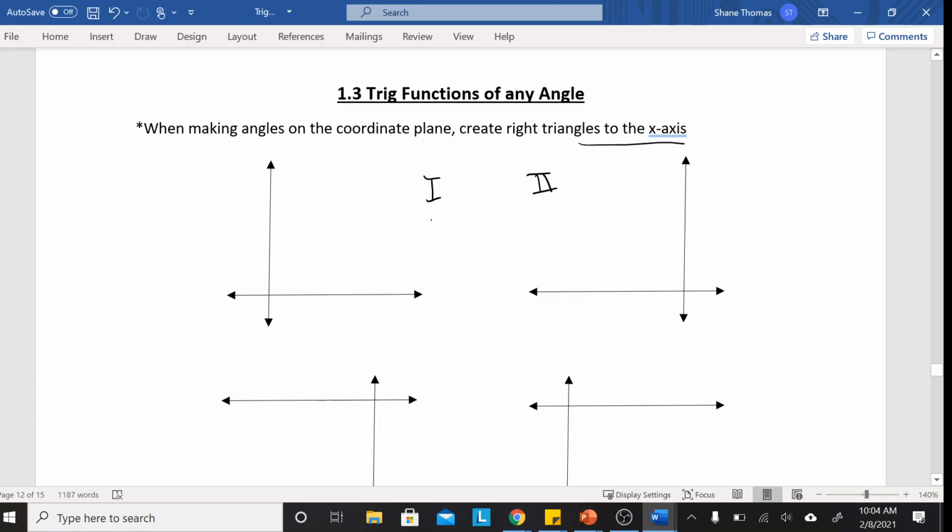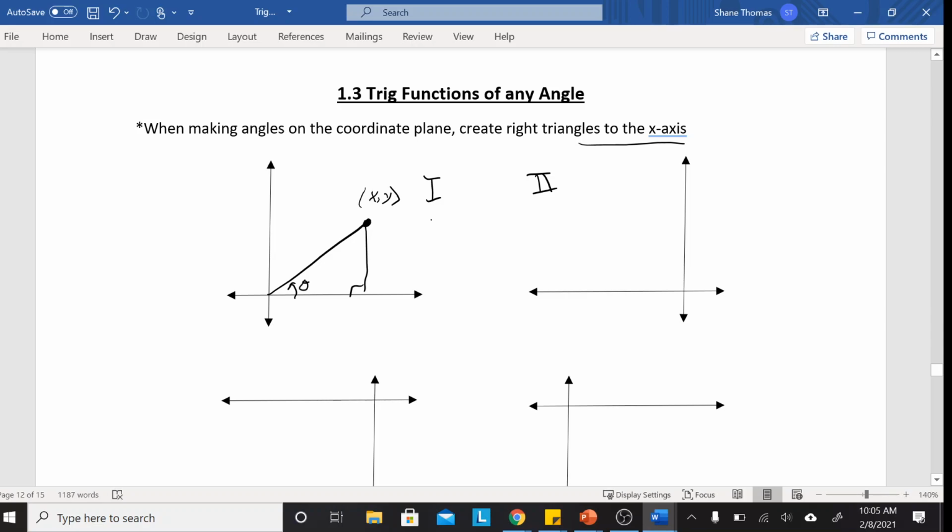So in quadrant one, our triangle looks like this. There's my right angle here. This is my reference angle. That'd be my theta. Now we have a point here. A point in space is going to make this triangle for us. So whatever this point might be, we'll just call it xy.